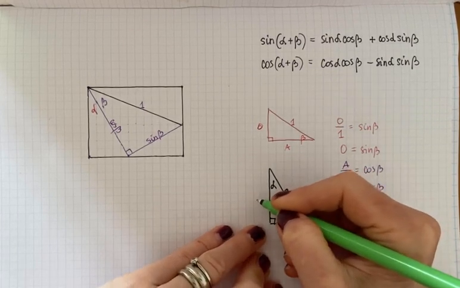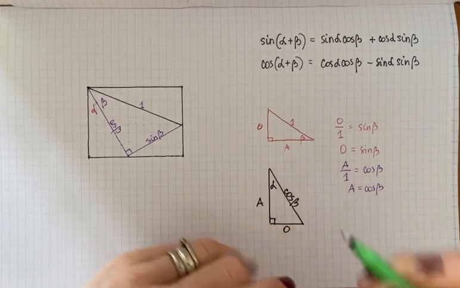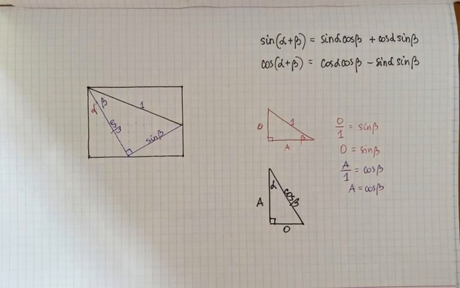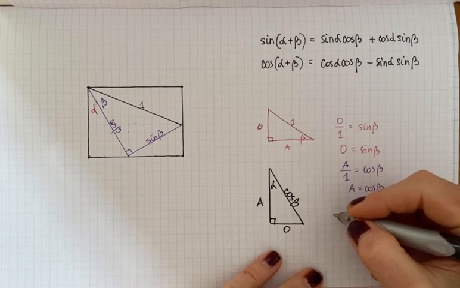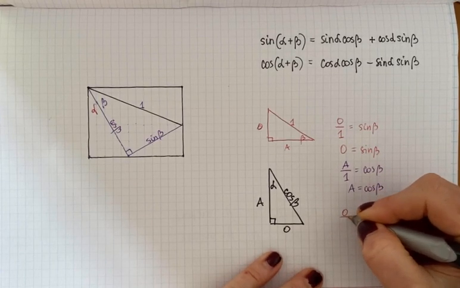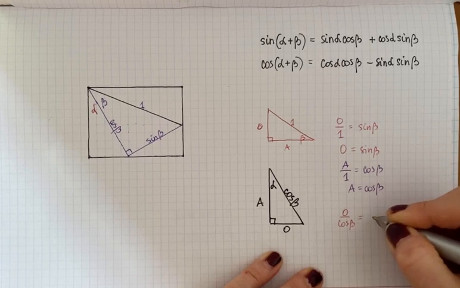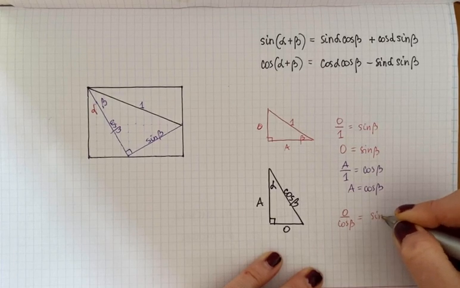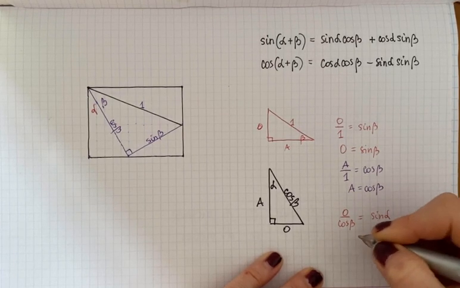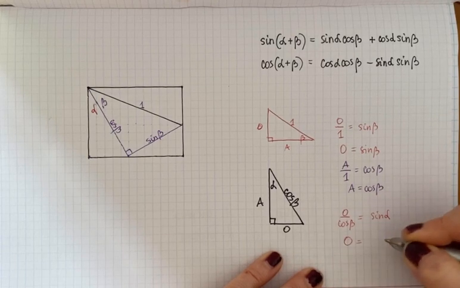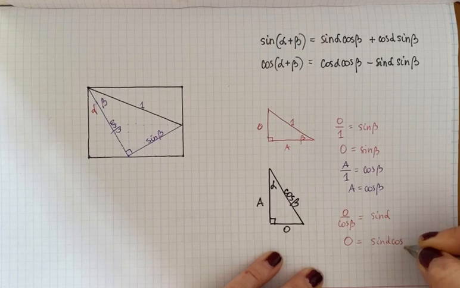This is the opposite and this is the adjacent. So let's find the opposite over hypotenuse, where the hypotenuse is cos beta. Well, that's going to be equal to sine alpha, because opposite over hypotenuse is sine alpha. So that opposite is equal to sine alpha cos beta.